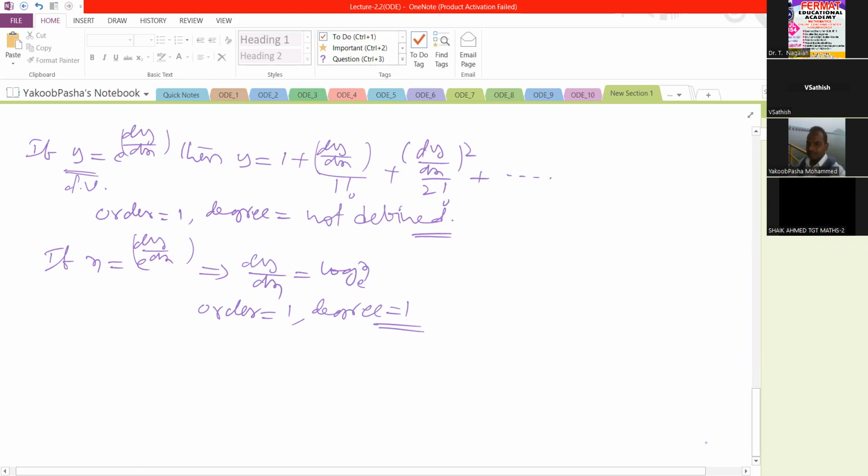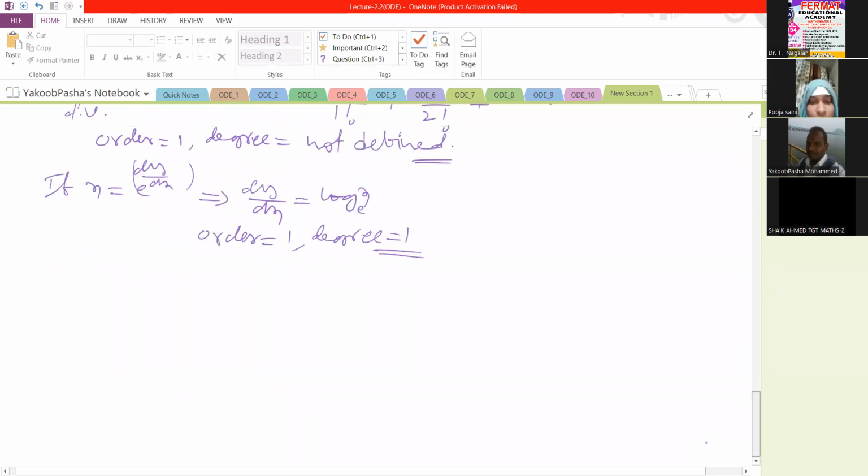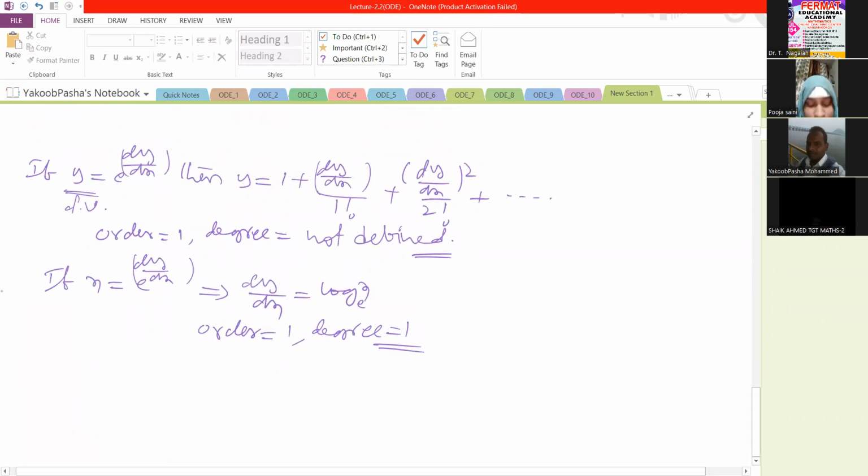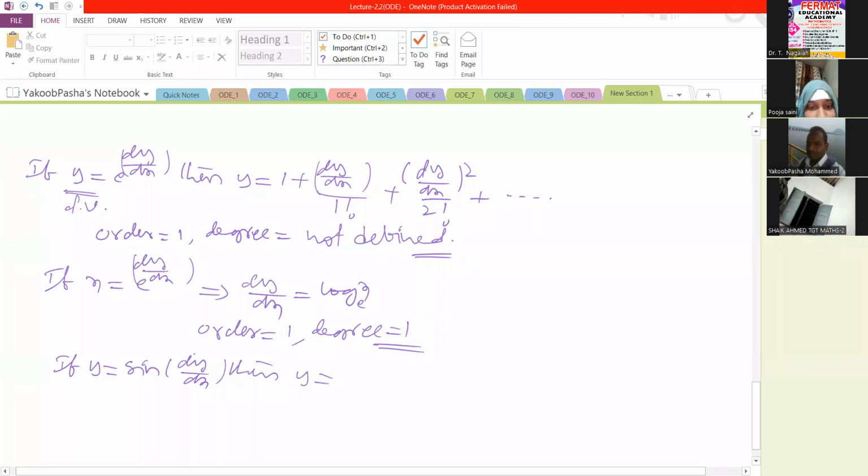And I am taking another one. If y is equal to sine dy by dx, that is y is the expansion of sine in terms of dy by dx, that is x minus x cube by 3 factorial, x power 5 by 5 factorial and so on.